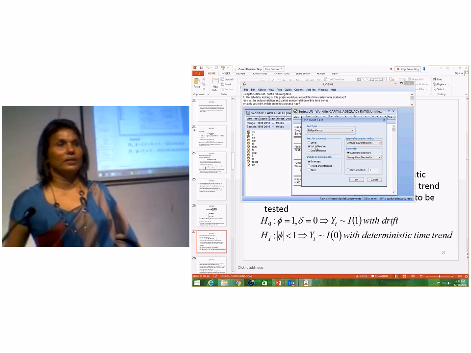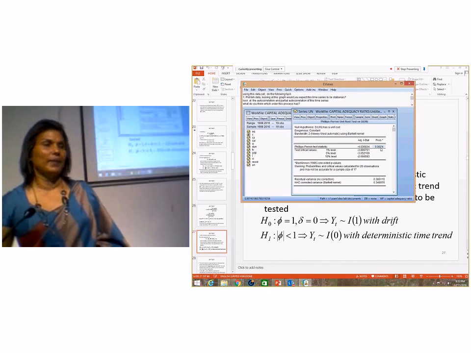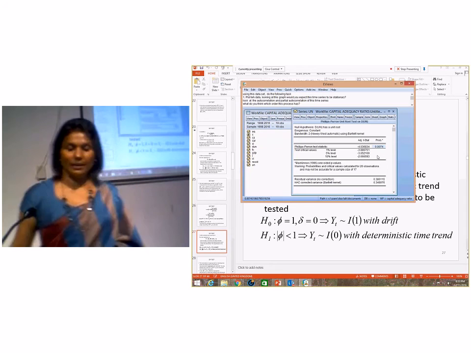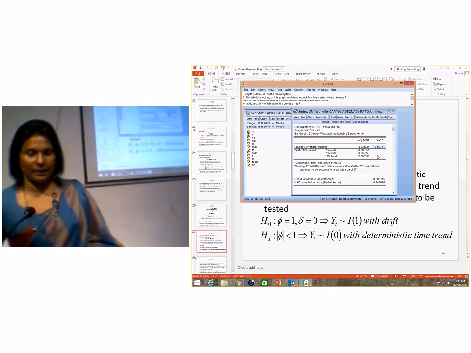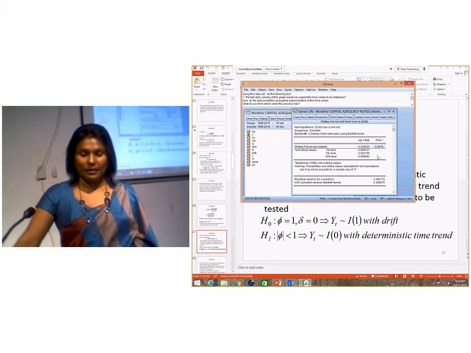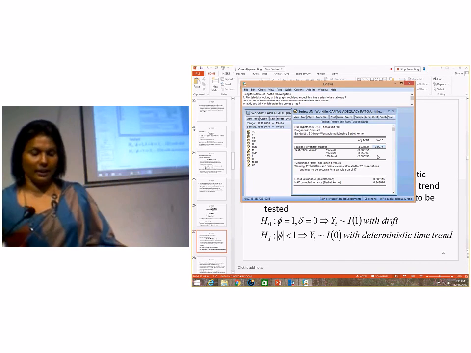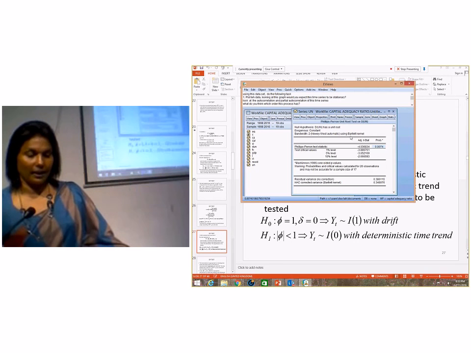Then check the probability value. If the probability value is less than 5%, then you can confirm that the data series are stationary at first difference under the PP test.